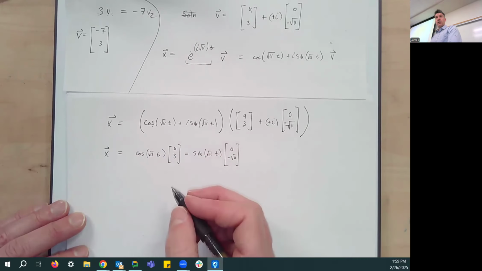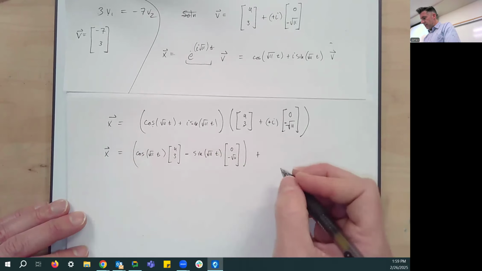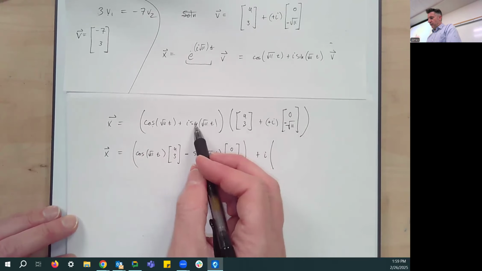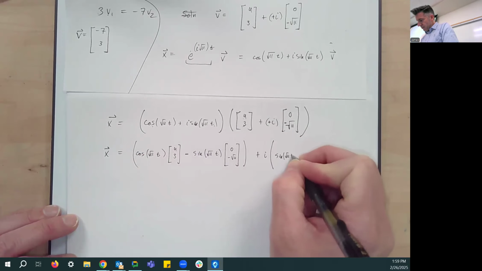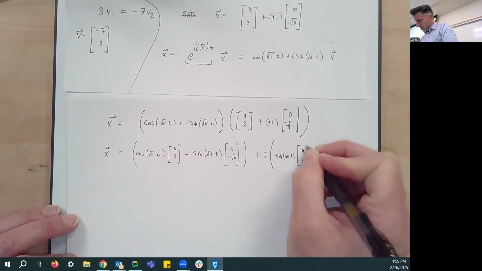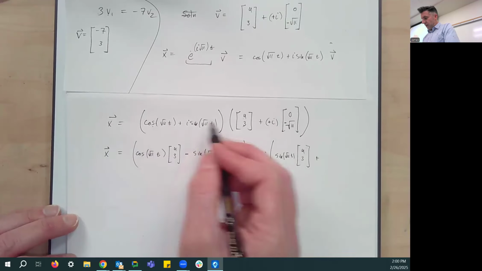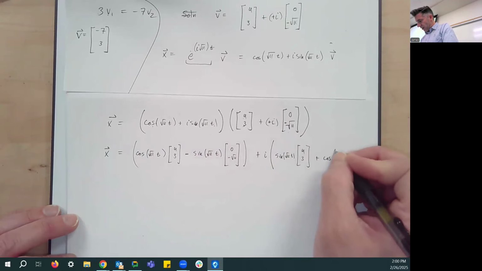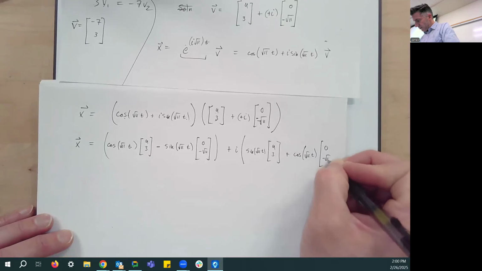That's one piece, plus i times sine of root 11t times 4, 3 plus cosine of root 11t times i times 0, negative root 11. The i factors out and you have cosine of root 11t times 0, negative root 11.